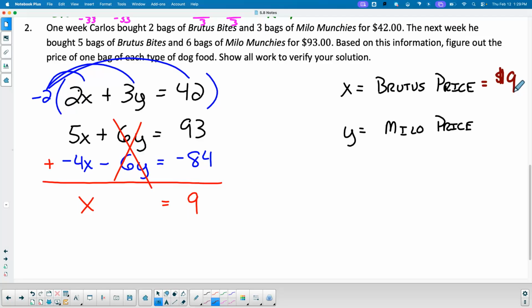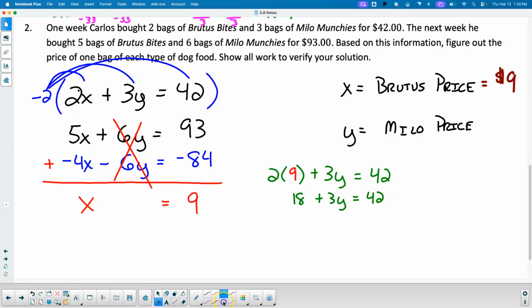Okay. Which equation do you want to plug 9 back into? Top or bottom? Top one? Okay. So then that's going to be 2 times 9 plus 3y equals 42. 2 times 9? 18. 18 plus 3y equals 42.